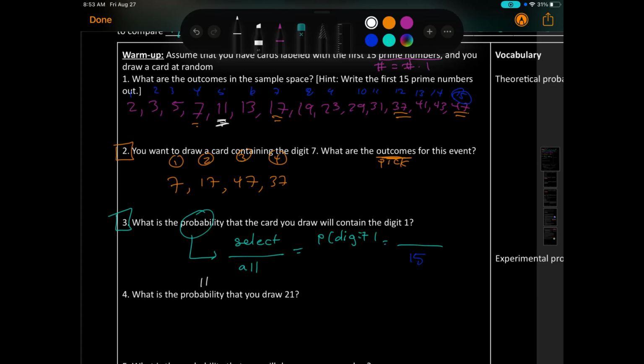I'll just write these down: 11, 13, 17, 19, 31, and 41. So that is 6 of these. So 6 out of 15, and then we can just reduce this. Dividing by 3, your answer is 2/5. The probability that you draw a card containing the digit 1 is 2/5.